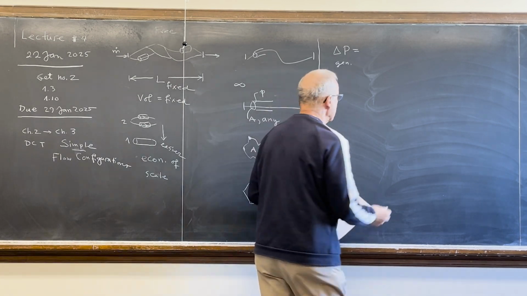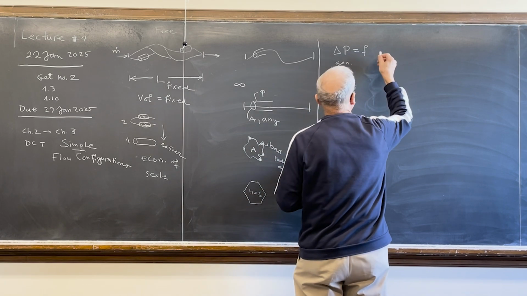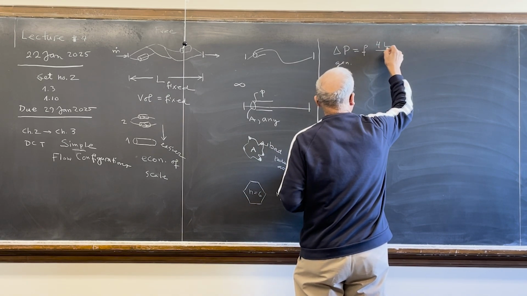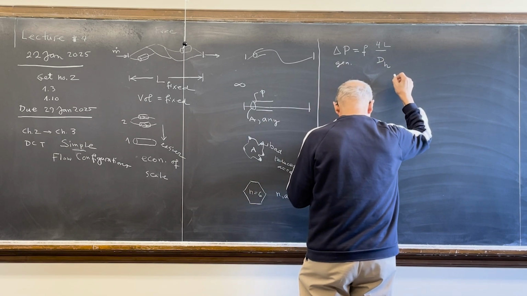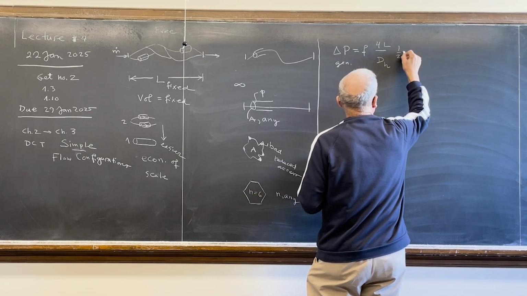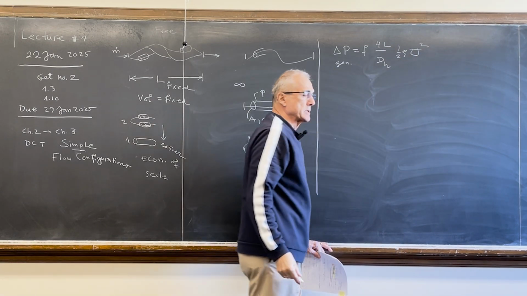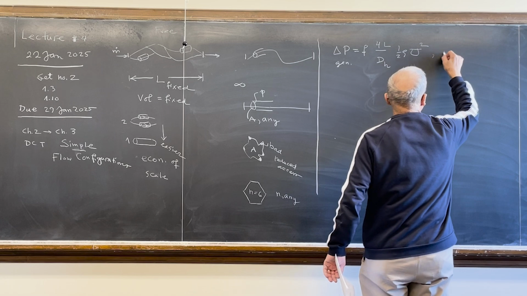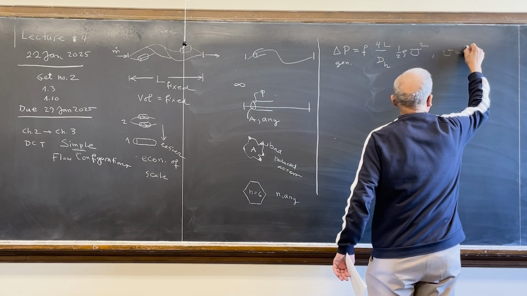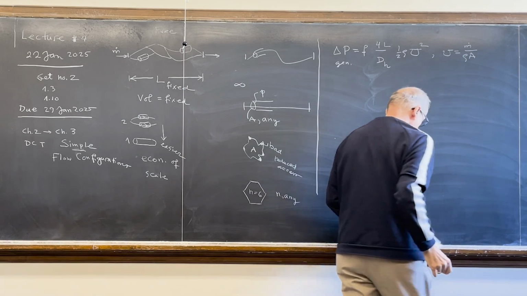I wrote it as F. This is dimensionless friction factor 4 times duct length L divided by the hydraulic diameter, and then 1/2 rho, and then the average velocity through the cross-section squared, where the average velocity is the mass flow rate divided by rho and the cross-sectional area.